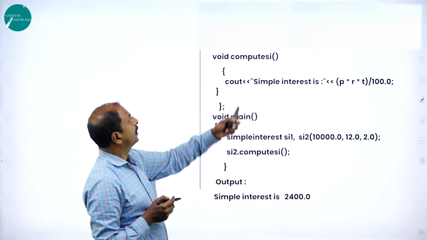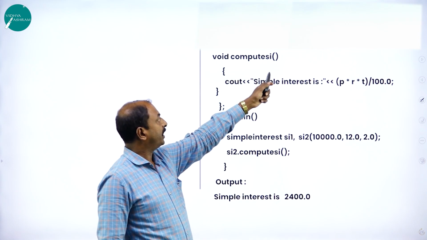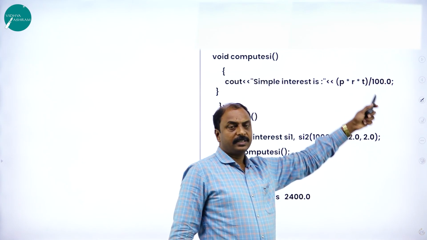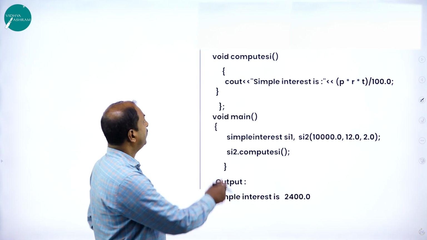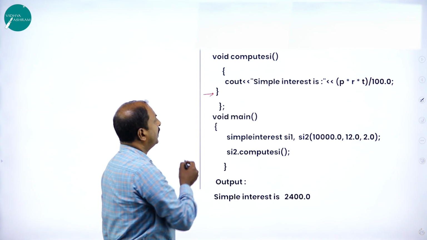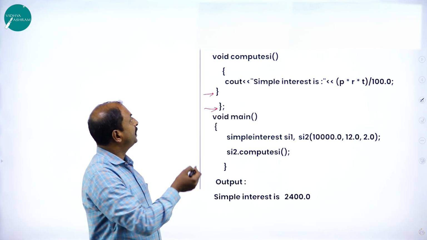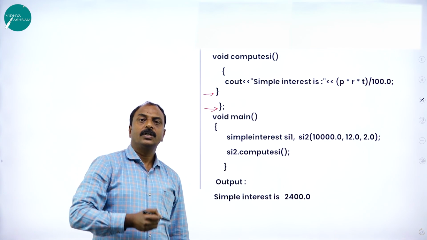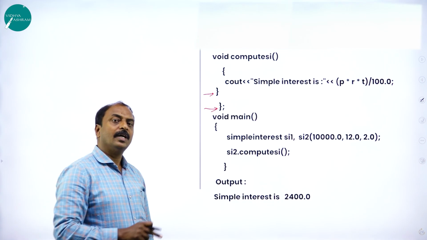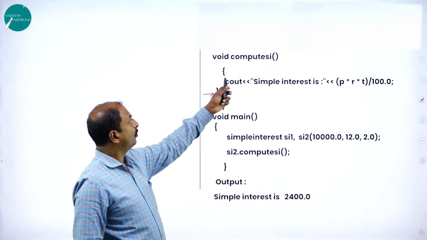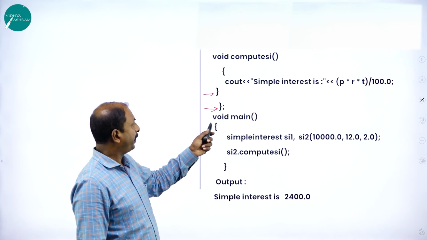Next one is one more function, void computeSI. This is the function where we are calculating simple interest with the formula P*R*T/100. Then we close the function, and next close the class with a semicolon. So inside the class we have defined two constructors: one is the default constructor, the second is the parameterized constructor, and one more function, computeSI. Next we have to write the main function.